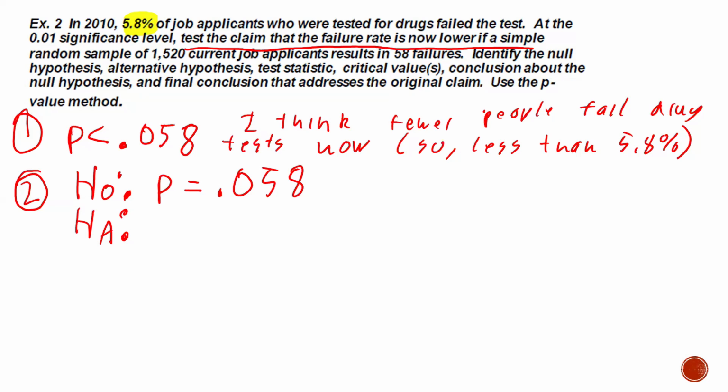You also have to tell me what type of test it is: left tail, right tail, or two-tailed. You can get that by just looking at the type of inequality. So it is going to be a left-tailed test, because it is less than.